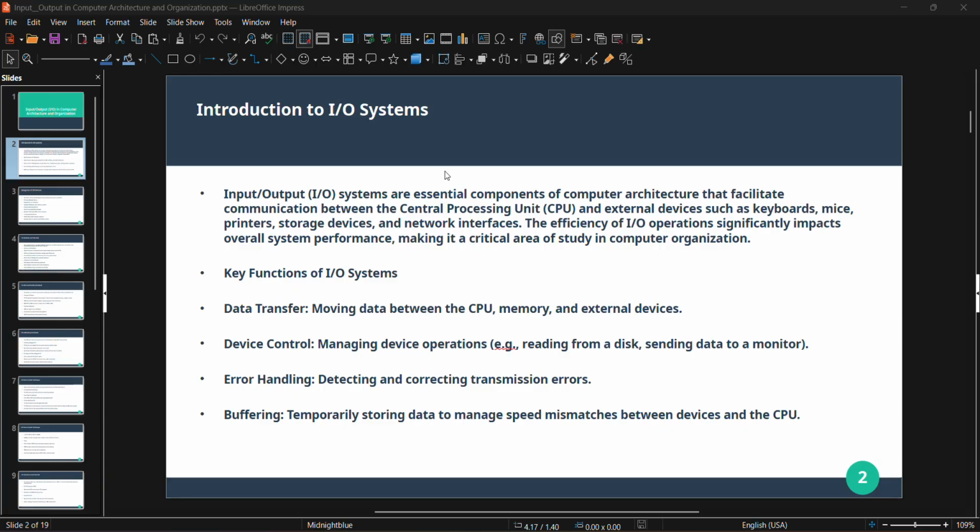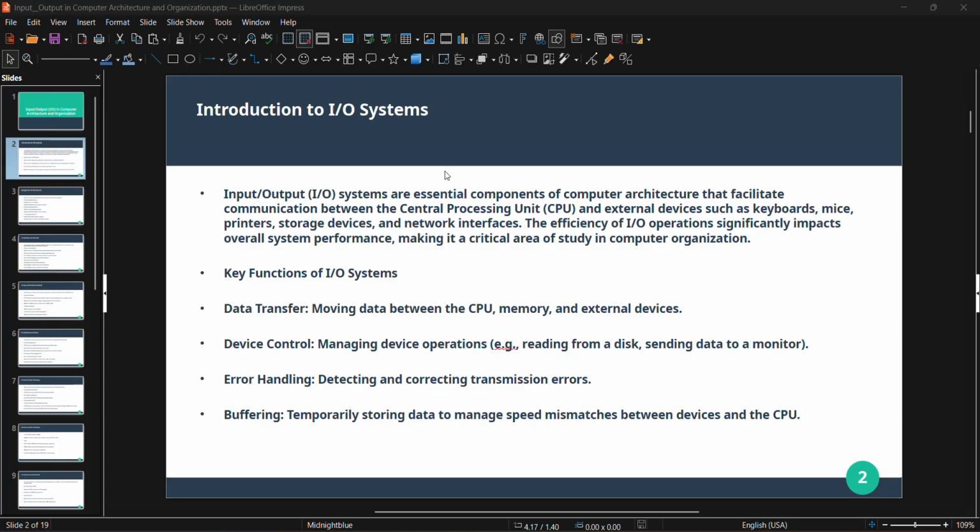The main purpose of these input and output systems is to facilitate data transfer or communication between our computer and external devices. So without input output systems, our computers will not be able to communicate with any external device that is not part of the computer.